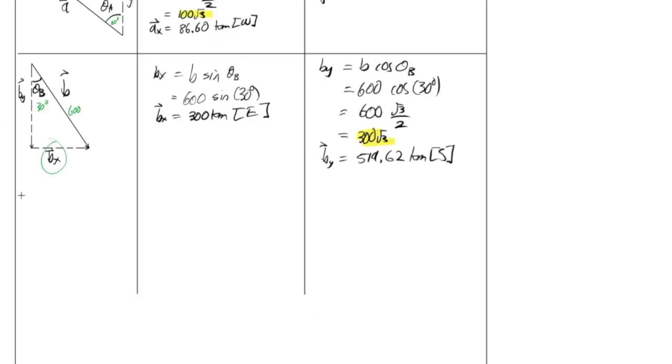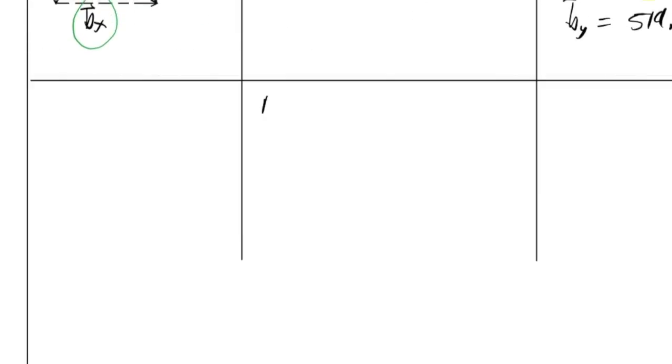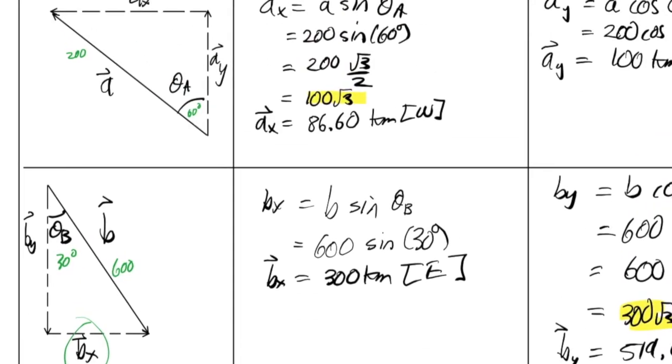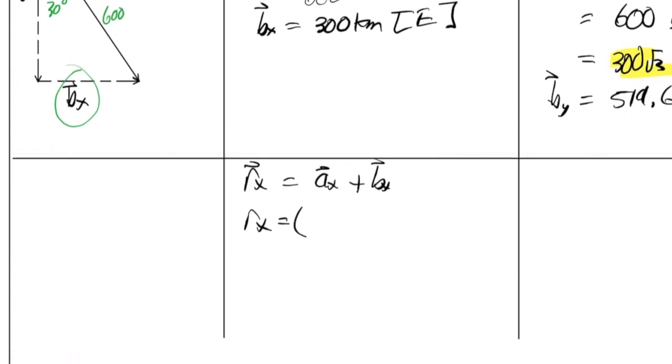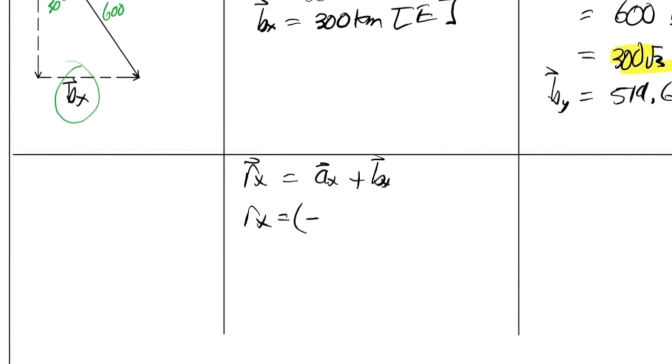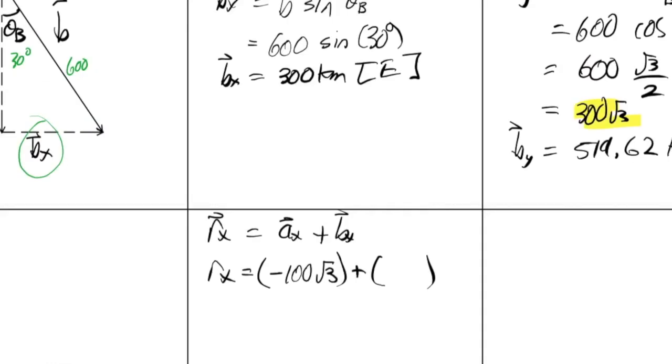Next step is to find our RX and our RY. Okay, so our RX is equal to AX plus BX. Dropping the vector notation, our AX was equal to 100 root 3, but it's going west, which means negative 100 root 3, plus BX is going to the east, so that makes that positive 300.